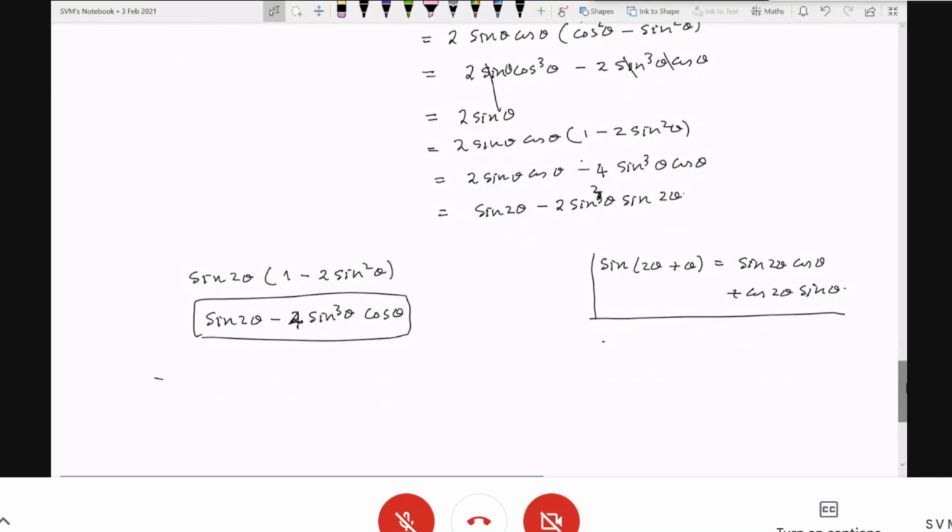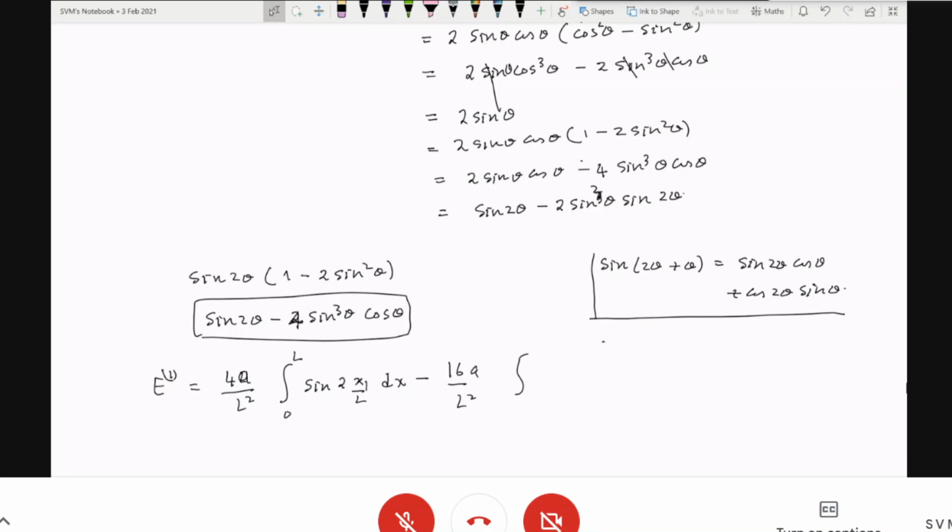Okay, so we have the first order correction equal to 4A by L square, integral 0 to L, sine 2 pi x1 by L, 1 by L dx1, minus 16A by L square, integral 0 to L, sine cube pi x1 by L into cos pi x1 by L. So pi is there, I think.